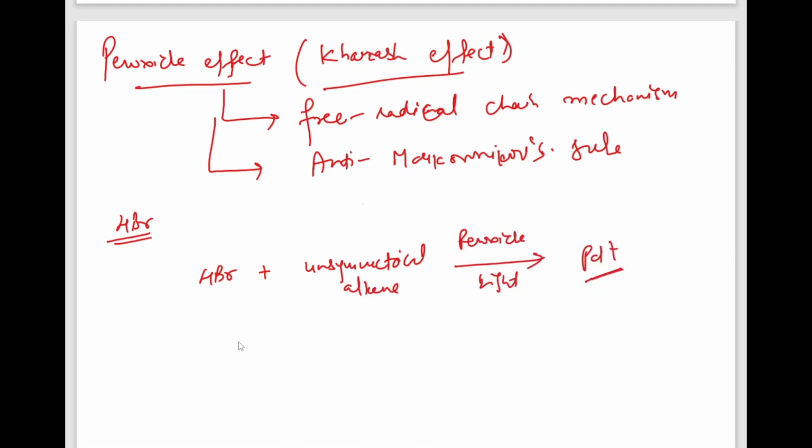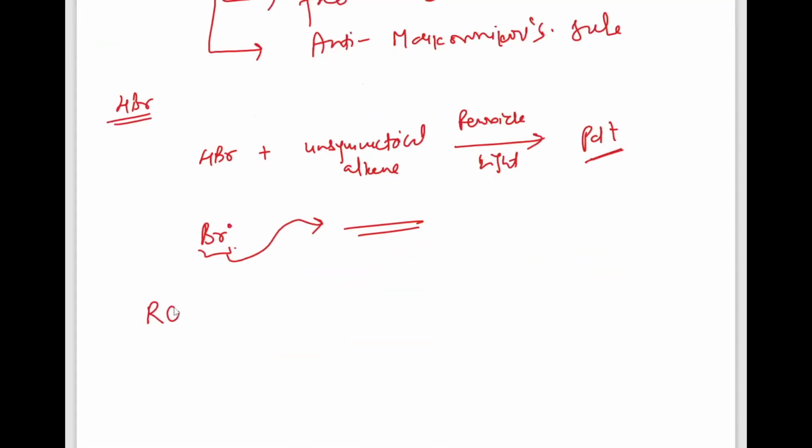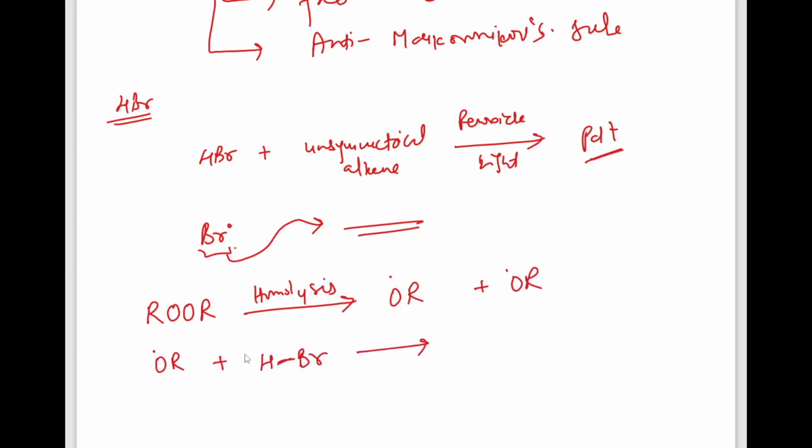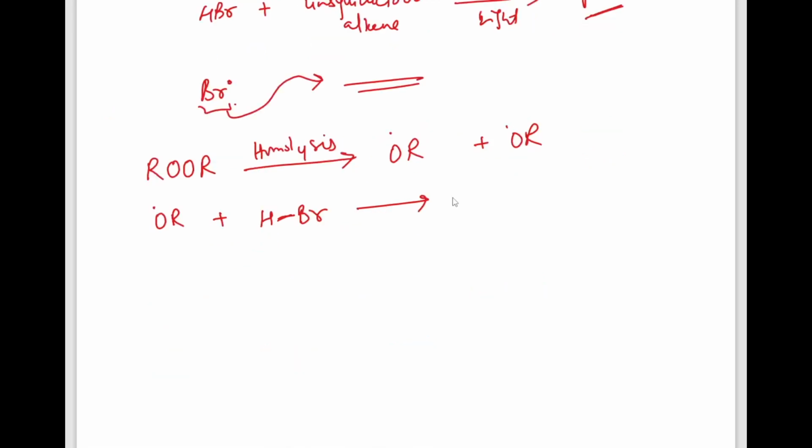In the initiation step, peroxide will undergo homolysis and we will get alkoxy free radicals. Further, this alkoxy free radical will help to generate a bromine free radical. Then this bromine free radical will add to the double bond of the unsymmetrical alkene.